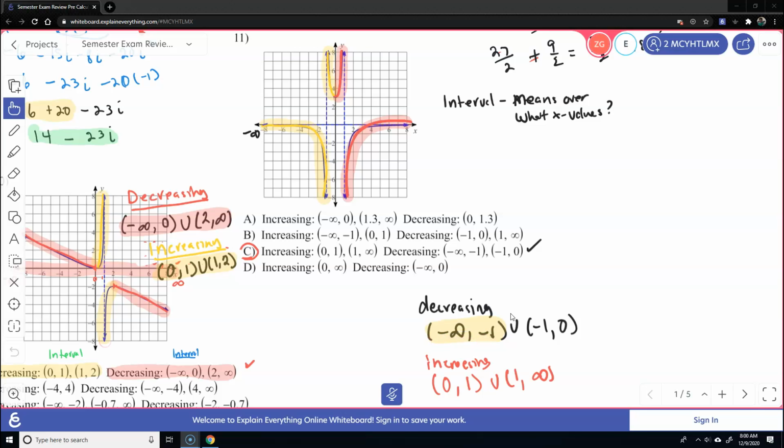At negative 1, there is an asymptote. So the graph jumps the asymptote and then starts after negative 1 to 0. Remember, there's no brackets. So this is the decreasing. The only one that satisfies that is C. Increasing after x equals 0, it's increasing, and then it stops right before 1, and then it jumps the asymptote, and it starts again on the right side, so it goes from after 1 to infinity.